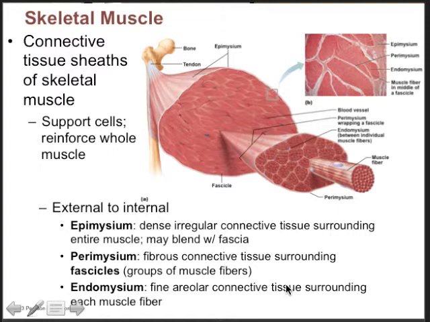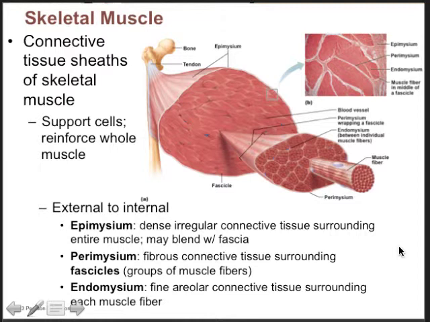The connective tissue sheaths are called, in order from superficial to deep, the epimysium. Okay? This is dense, irregular connective tissue that surrounds the whole muscle and will blend with fascia and is also continuous with tendons that attach it to bone. The perimysium, which you can see surrounding the individual fascicles, okay? You can see in the blow up here the perimysium, and it's also fibrous connective tissue.